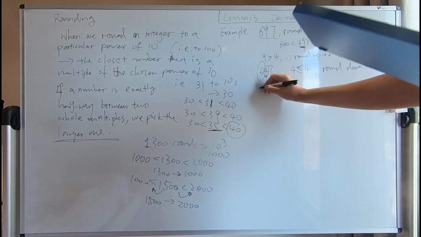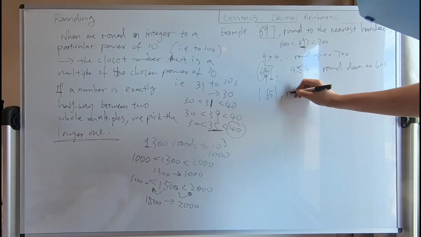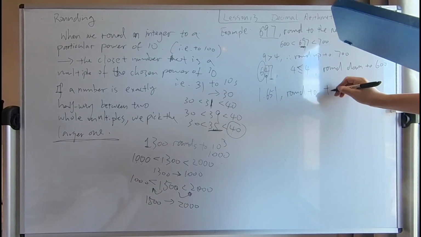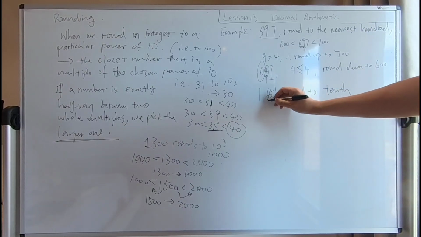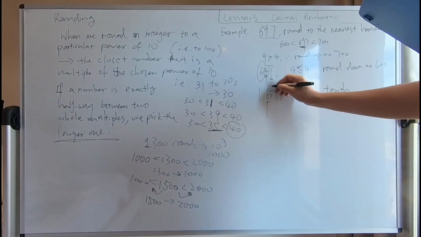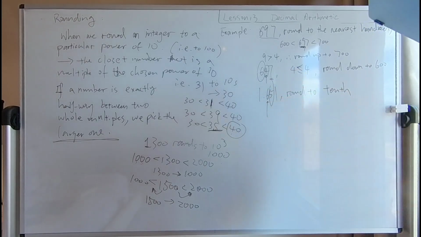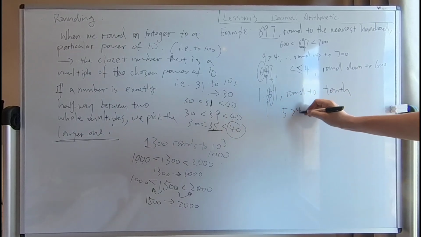So similarly, if I have a decimal number and I want to round this to the nearest tenth. Okay, so where is the tenth digit? It's over here, 6. So I still need to care about the digit right behind the digit that I want to round. This digit is 5, which is greater than 4.